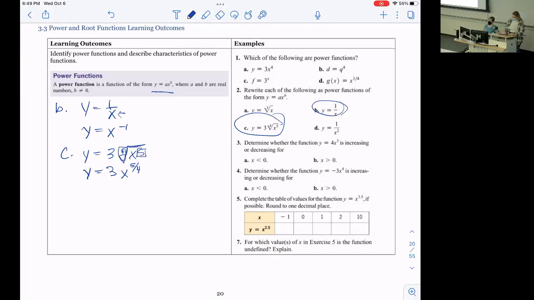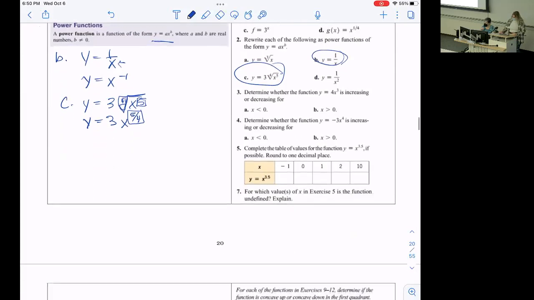And since this is a root, that will be in the denominator of this power. And since the 5 is inside, that will be the numerator. Does that make sense? Yes. All right, fantastic. Okay, so moving right along, let's look at the next page.